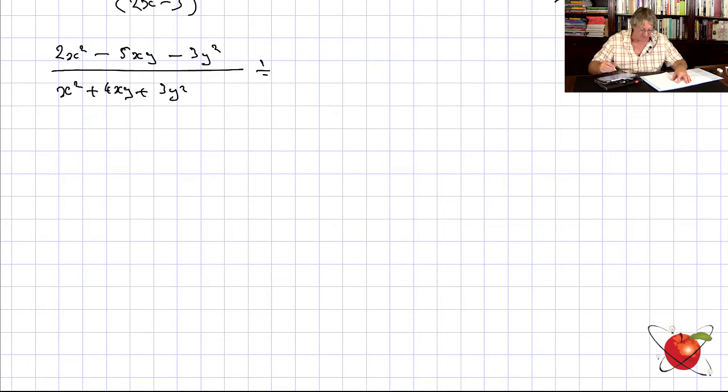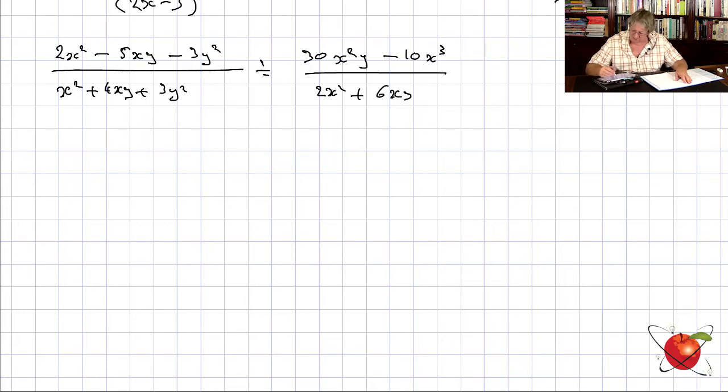If that's not bad enough, then we divide that by 30x squared y minus 10x cubed, and then that's over 2x squared plus 6xy. Okay, can you see that this is getting, oh, it gets worse. 10x squared plus 3xy, okay, over minus y squared. This is not ending, is it? 5x squared plus 5xy.